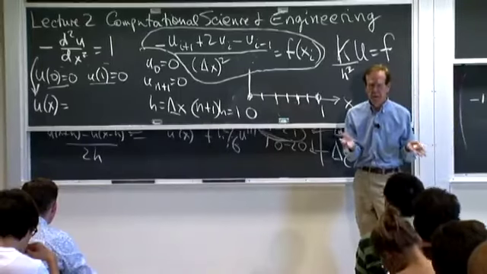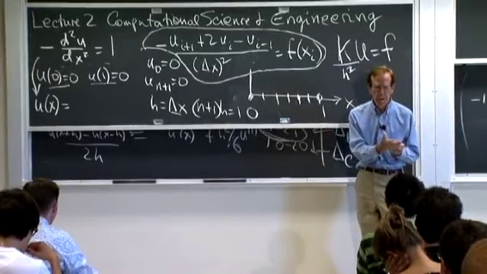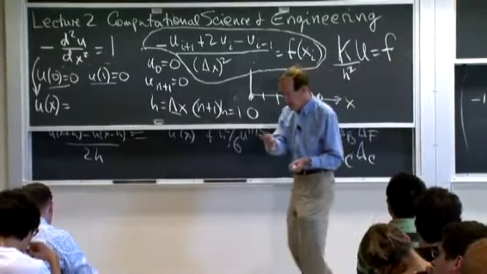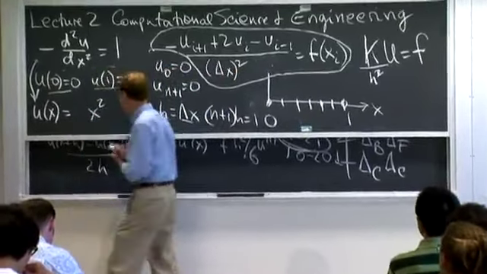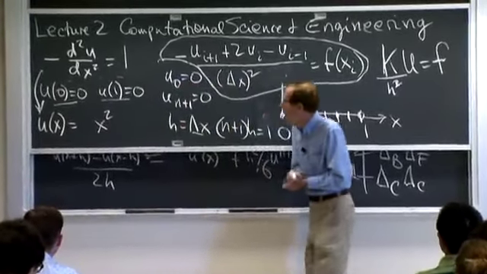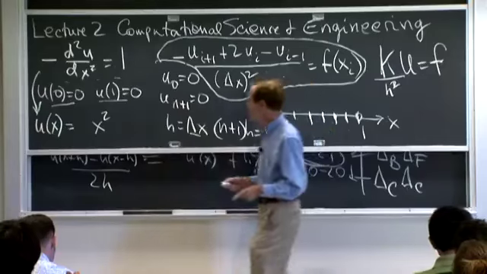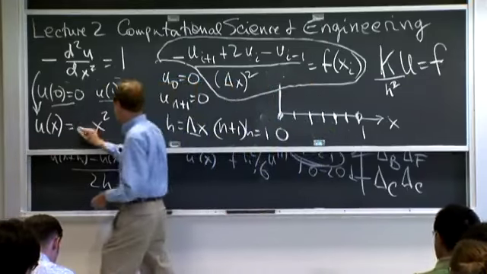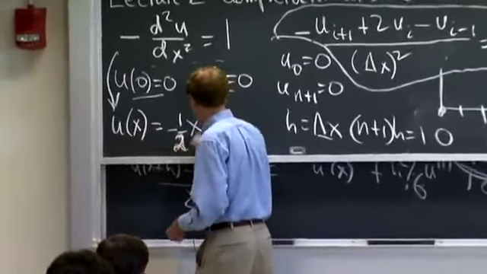If I want the second derivative to be a constant, I'm looking at x squared. I just want to figure out how many x squareds to get a 1. Minus a half. Good. Because x squared would give me 2, but I want minus 1, so I need minus a half of them. Okay, that's the particular solution.